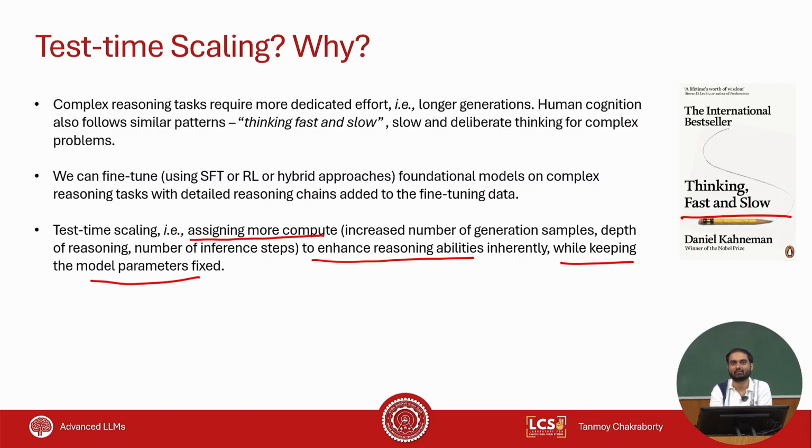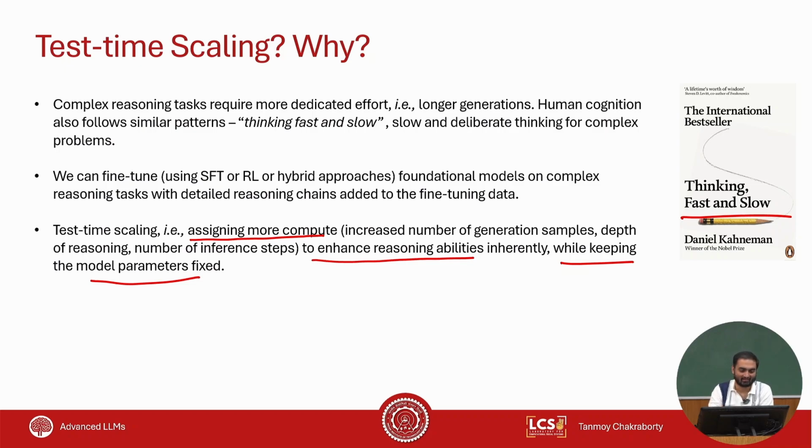Now when I say fine tuning, you can ask why this fine tuning comes under test time scaling, because you said that in test time scaling there is no training as such. So SFT, RL are all post training approaches, right? Of course these are not inference time approaches, but you can also think of these as non pre-training based approaches.